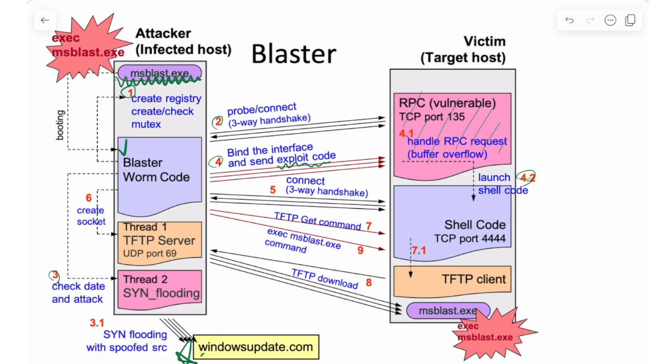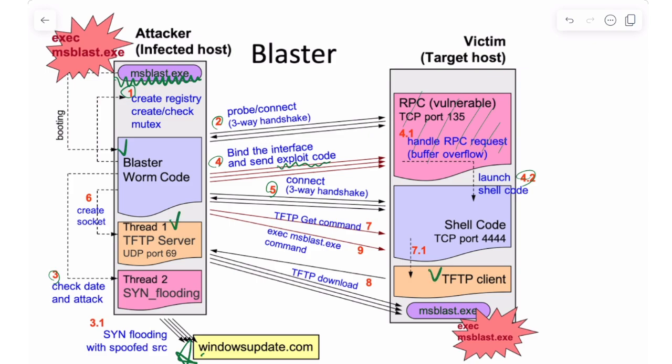Okay, after that, then the blaster worm code at the left-hand side will talk to the shell code at the right-hand side by using TCP port 4444. And the blaster worm code will instruct the shell code to launch a TFTP client.